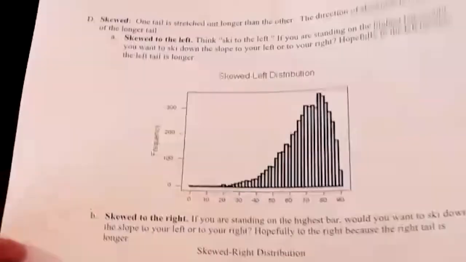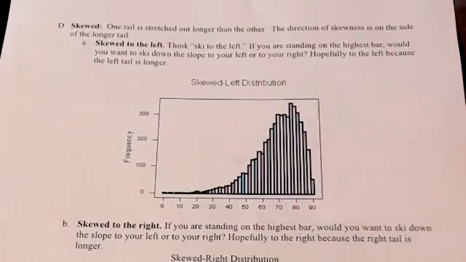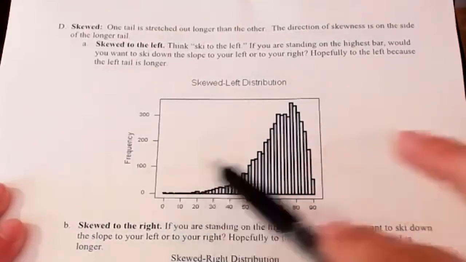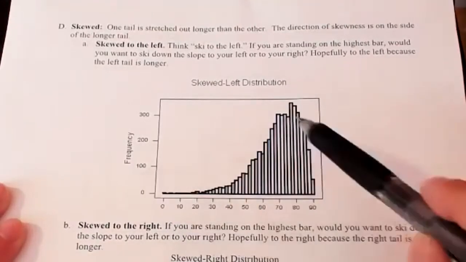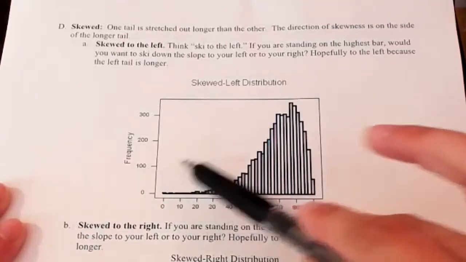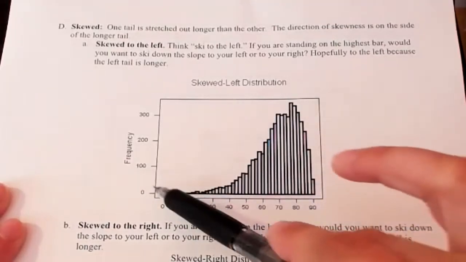Next, we have skewed distributions, which are actually pretty common. The ones you'll see in this class are either normal or skewed distributions. So we have something called skewed to the left. Notice that the tail goes towards the left-hand side, so it's skewed to the left. That's really important to note here.